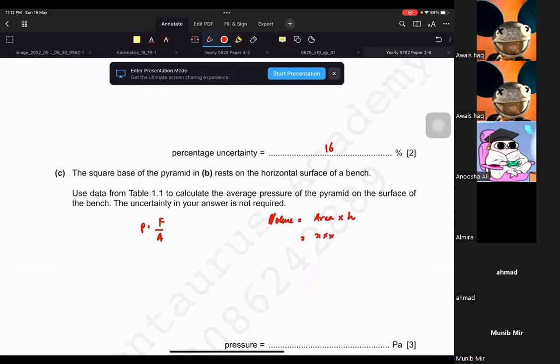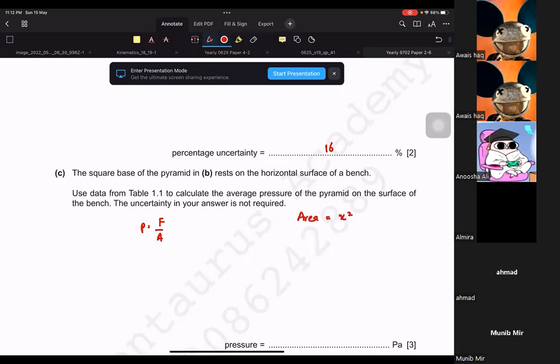So x into x times height, it will be x squared h. But we don't need the volume. It might be half or 1/3, I don't know the volume of a pyramid. So area is x squared.